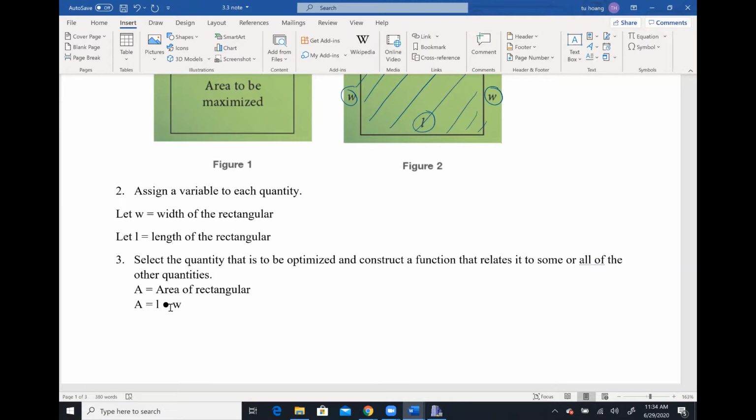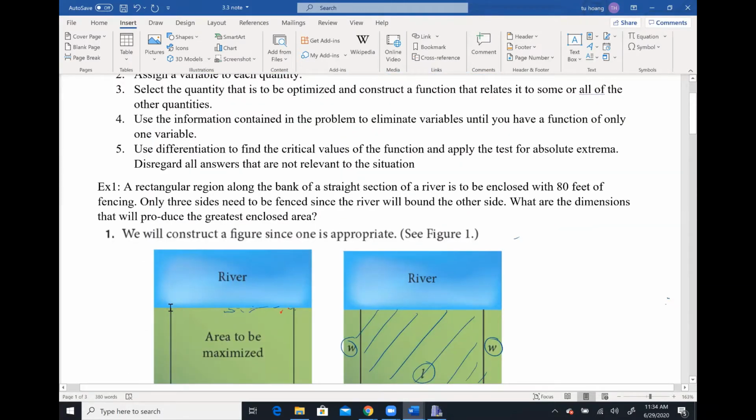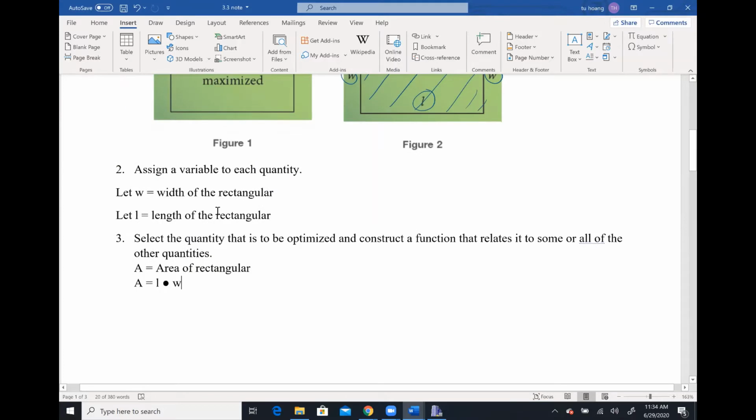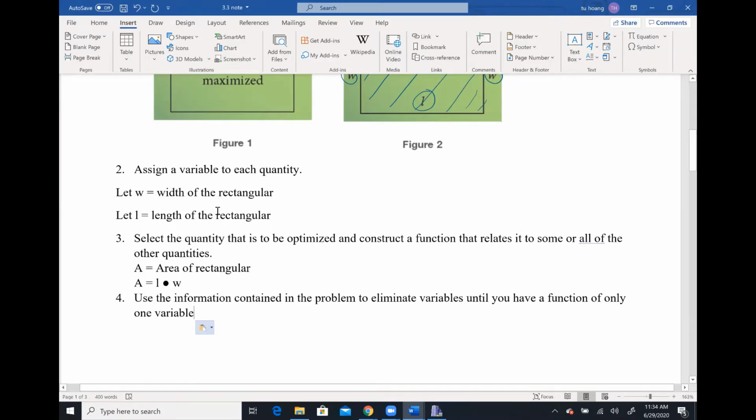And then what else? Now I've got to move to number 4 here. Step number 4 says use the information contained in the problem to eliminate the variables until you have a function of only one variable.